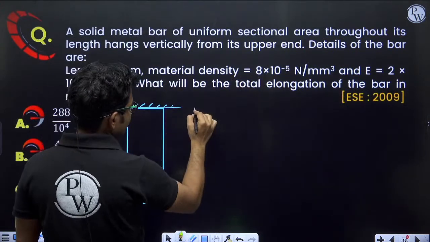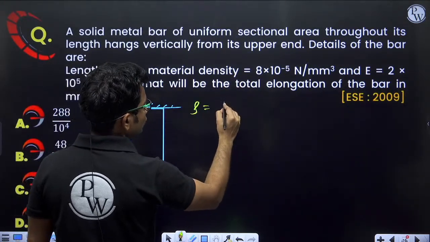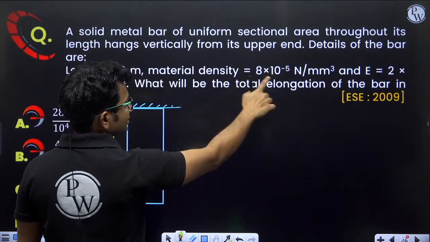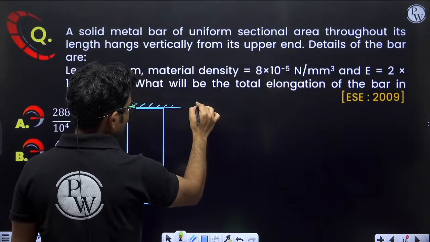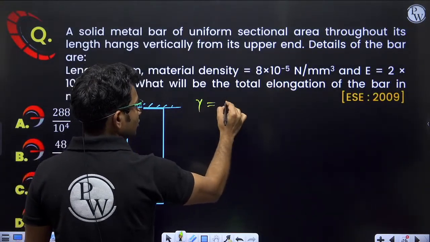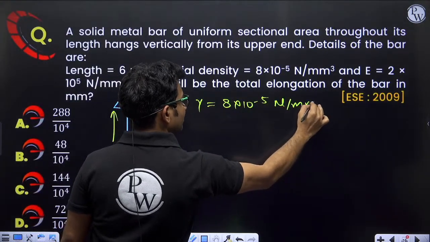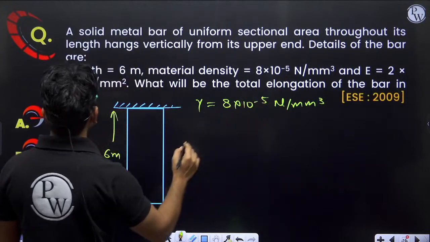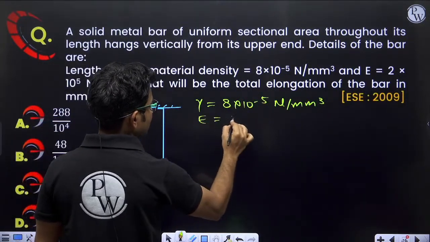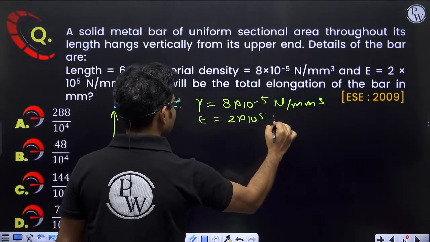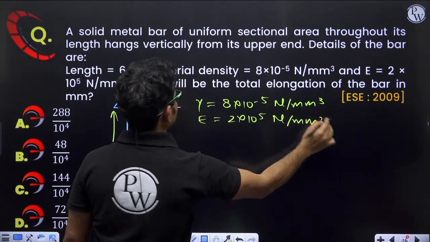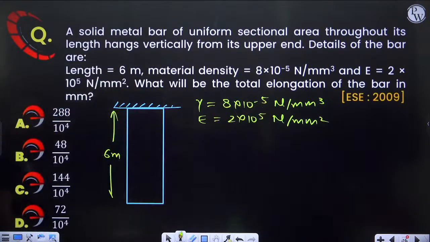Material density rho is given in Newton per mm cube, so it is given as weight density: 8 into 10 to the power minus 5 Newton per mm cube. Young's modulus E is equal to 2 into 10 to the power 5 Newton per mm square. What will be the total elongation of the bar in mm?